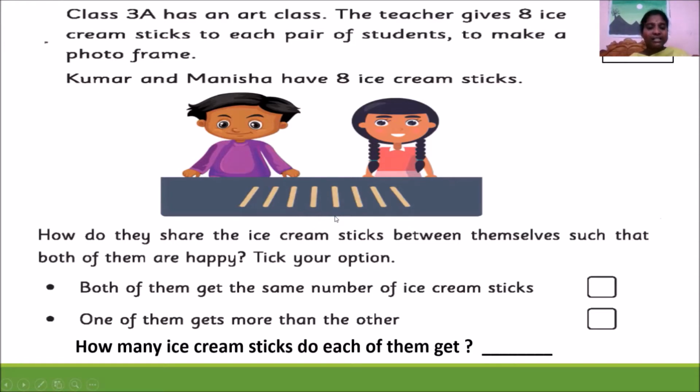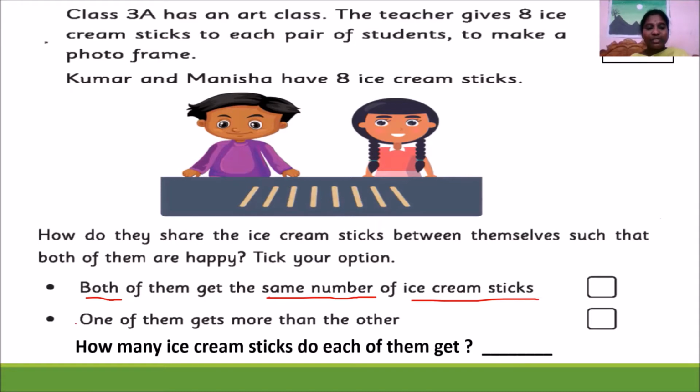Children, you have to answer the following question. The first one: how do they share the ice cream sticks between themselves such that both of them are happy? Tick your option. The first option is both of them get the same number of ice cream sticks.